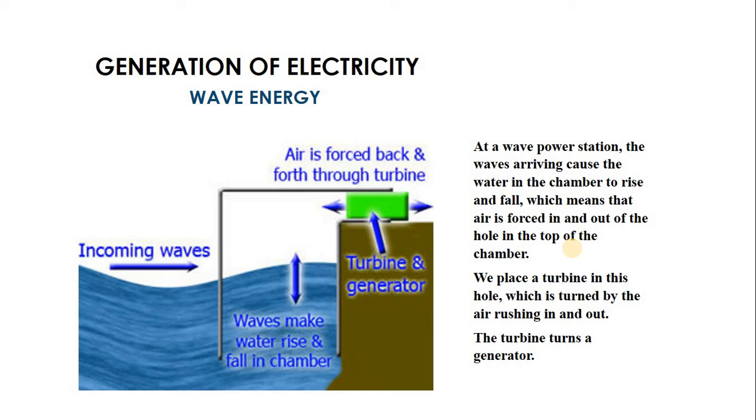Okay, so the next power plant we are looking at is wave energy. Wave energy, like I said, together with tidal energy, is what we call ocean energy. When we are talking about wave energy, we are talking about the energy that can be obtained from the rising and falling nature of the surface of the ocean.